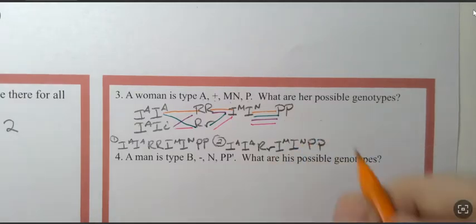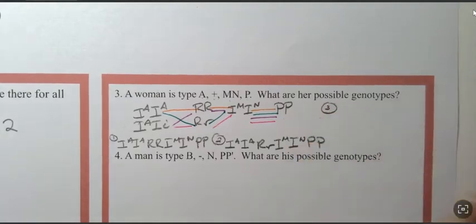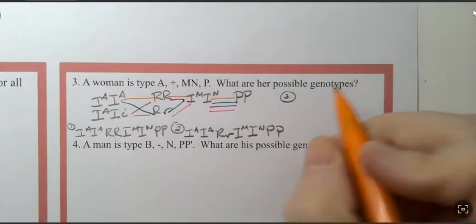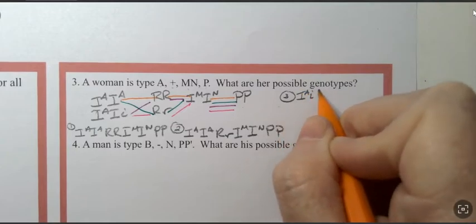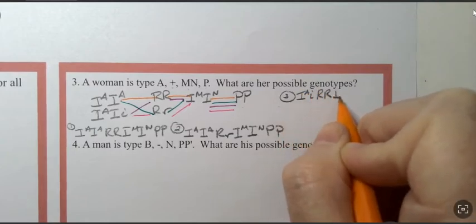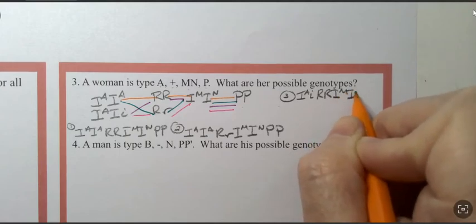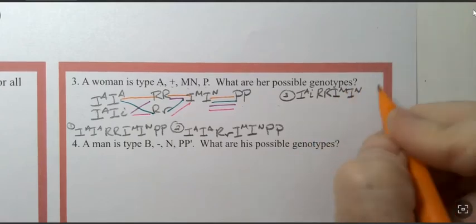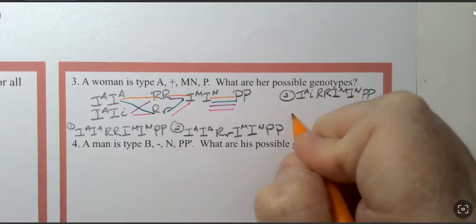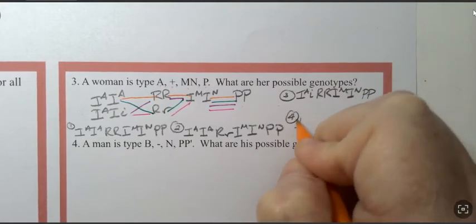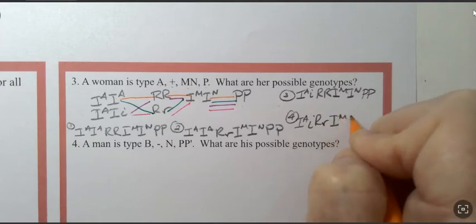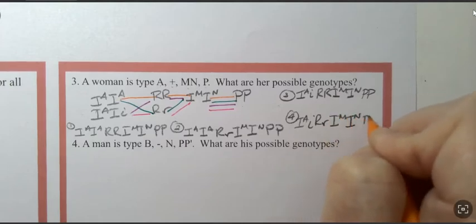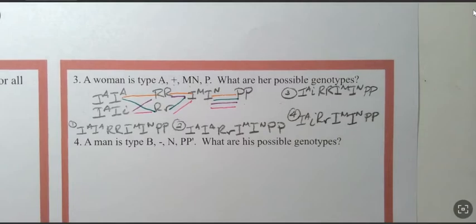Okay, that's 2. See if I can get the third one up here, and the fourth one here. So there are four different possible genotypes for this one person.